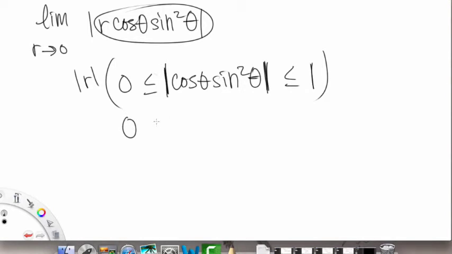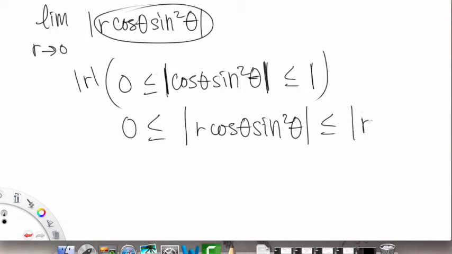The left side is still going to stay 0, and then we have the absolute value of r cosine theta sine squared theta, less than or equal to the absolute value of r. Here again we're using something like the squeeze theorem, but the difference from the first method is that we converted into polar coordinates first, and now we're using the squeeze theorem at this point.